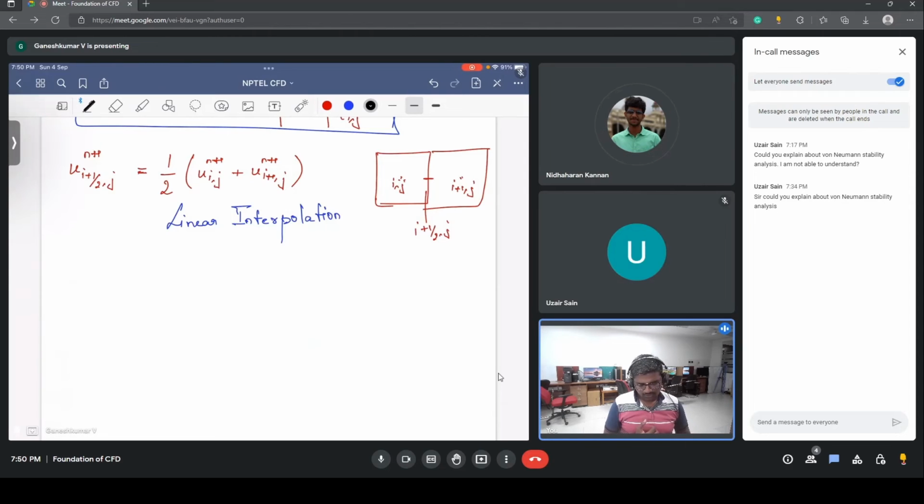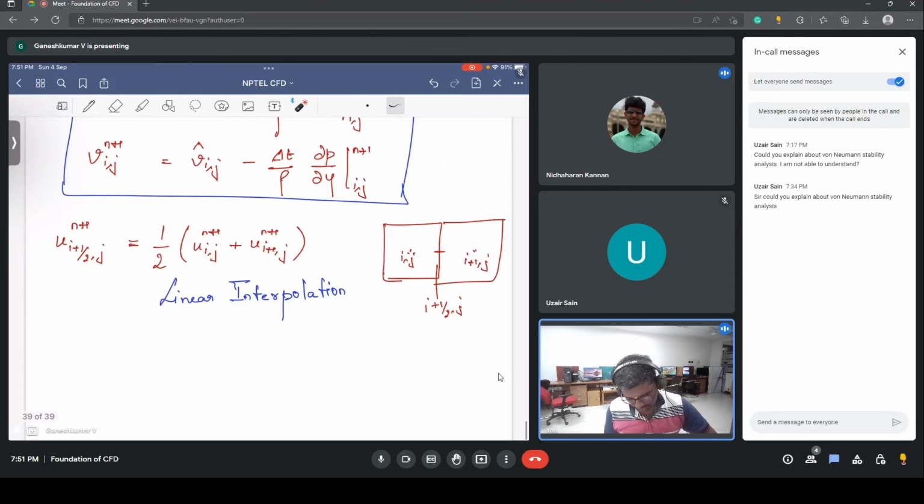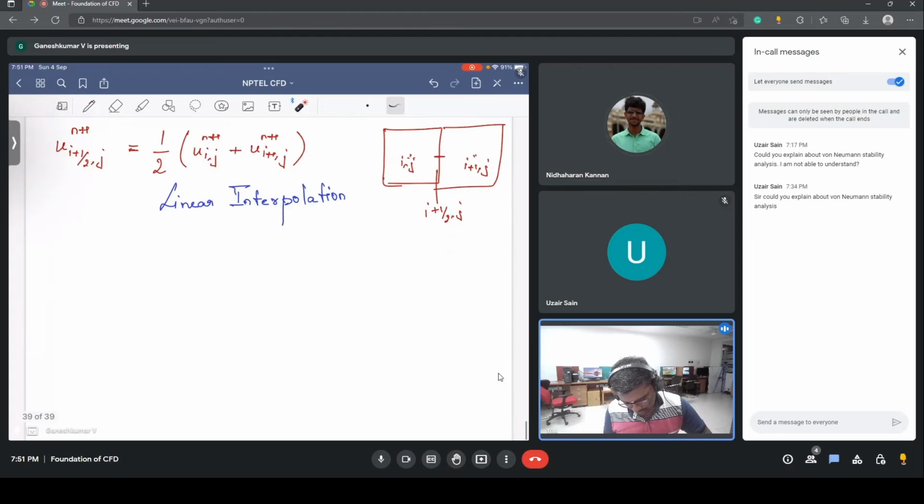Okay. So when you do this interpolation with u(i,j) and u(i+1,j), how will you do this?